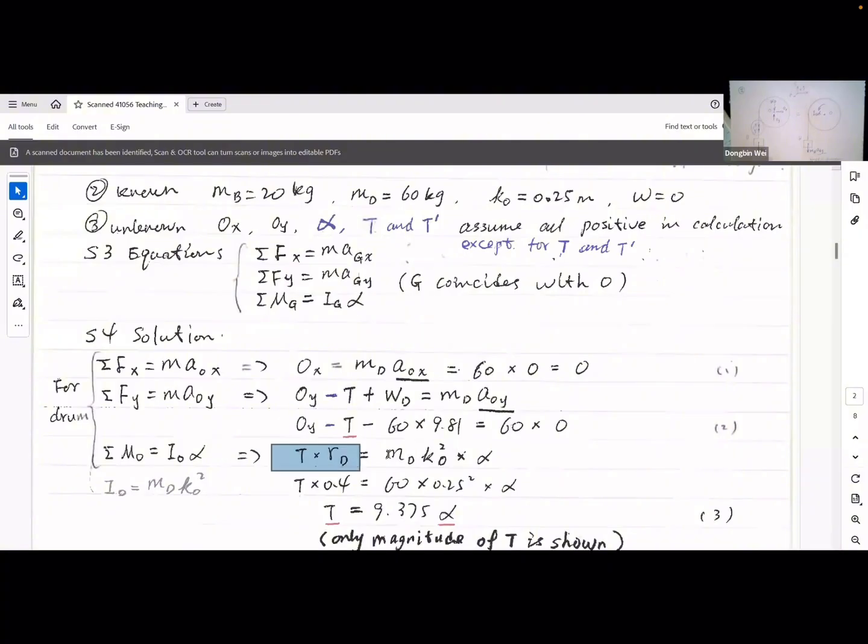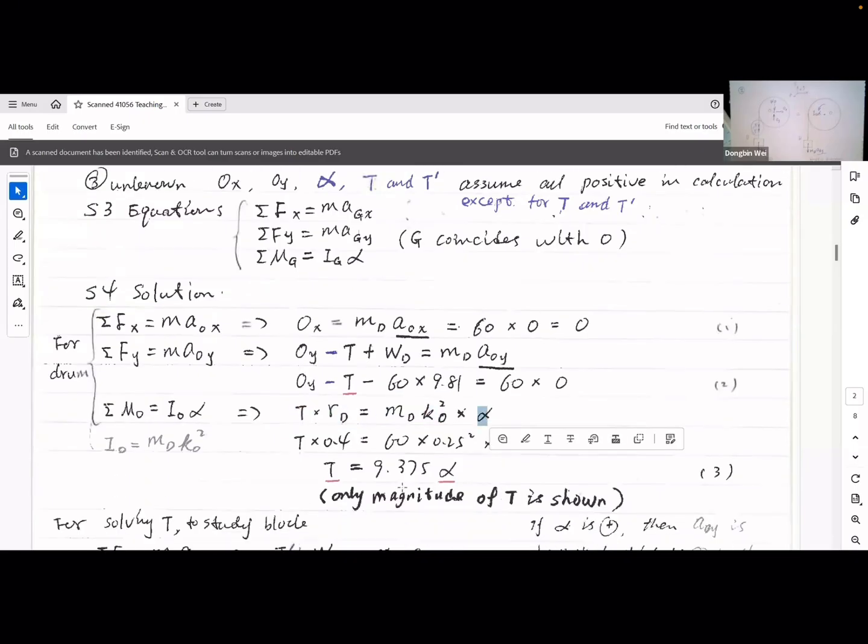Now, on the right side, IO can be easily calculated, and alpha, we don't know. So, in this third equation, we have T and alpha. We have 2 unknown parameters.